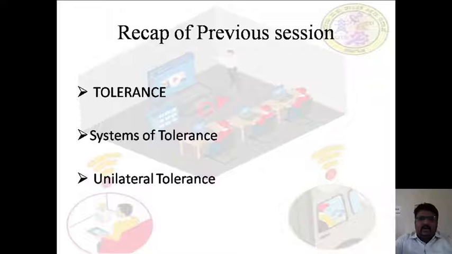Whereas in bilateral tolerance, the dimension of the part is allowed to vary on both sides of the basic size, that is, the limits of tolerance lie on either side of the basic size, but may not necessarily be equally disposed about it. In this system, it is not possible to retain the same fit when tolerance is varied and the basic size of one or both of the mating parts is to be varied.